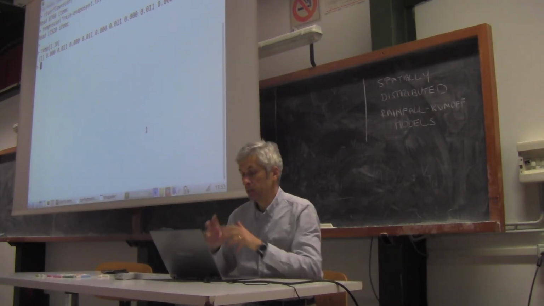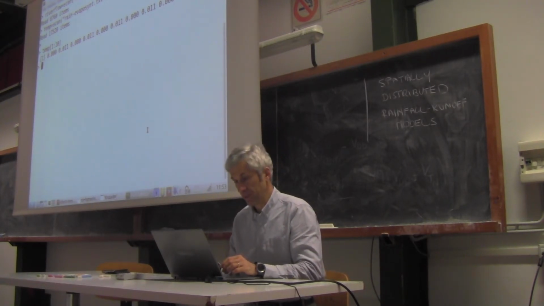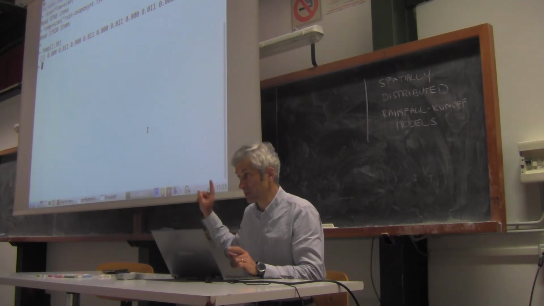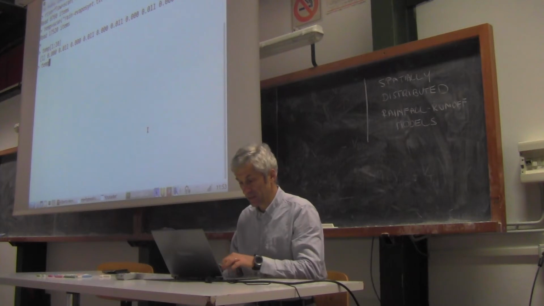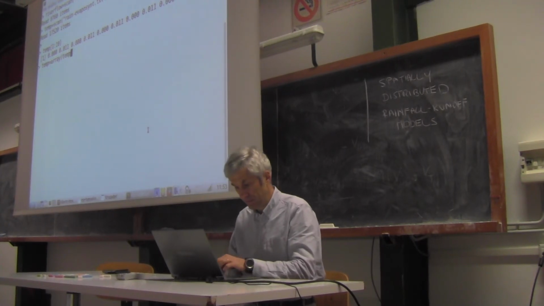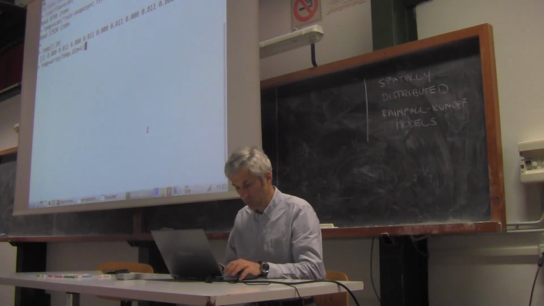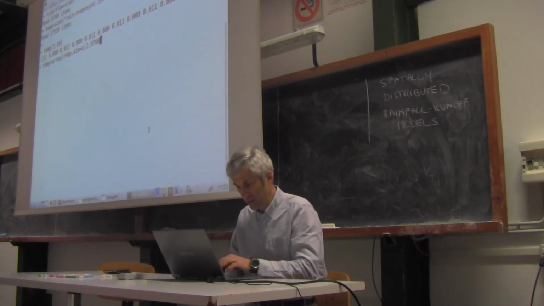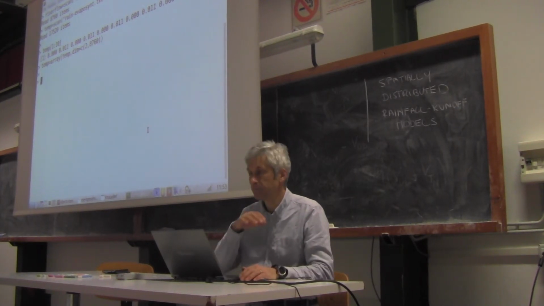Okay, now we need to separate them. So, first, in order to separate them, we need to transform this vector into a matrix. So let's write temp equal array temp, dim equal c(2, 8760). Good.